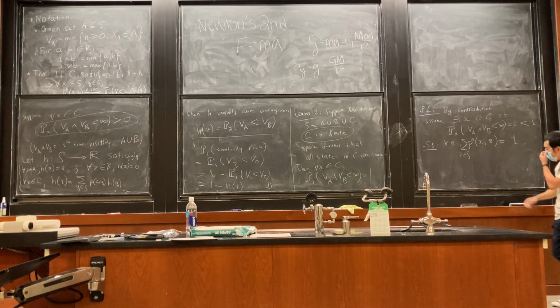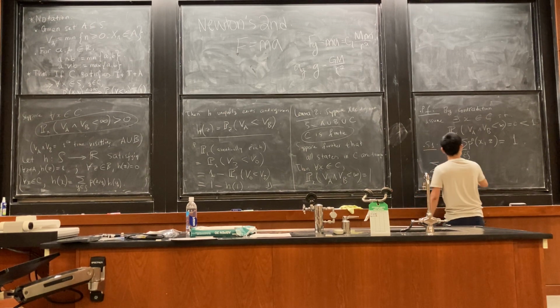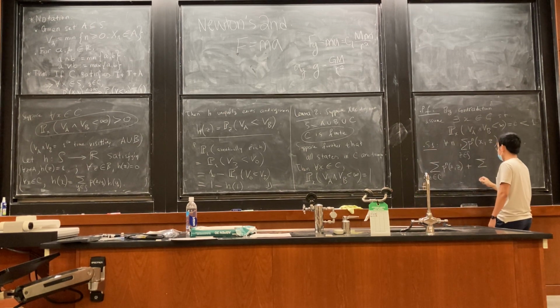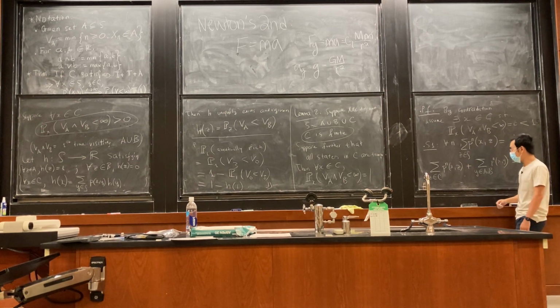So I can decompose this summation into the summation over z inside of the set C, p_n(x,z), plus the summation over y inside of the union of A and B, p_n(x,y).